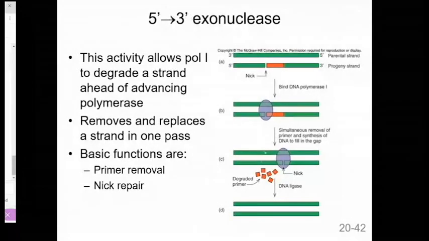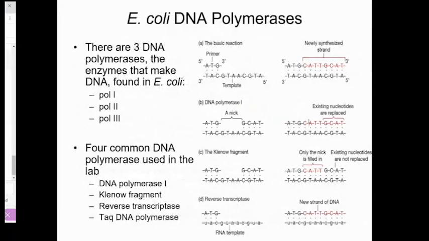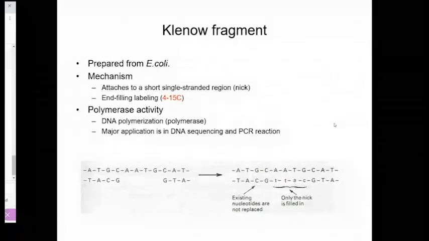In polymerase 1, this is the exonuclease activity, the 5' to 3' exonuclease activity. That's why DNA polymerase 1 can degrade the existing nucleotides and then replace them with the synthesized nucleotides. That 5' to 3' exonuclease.